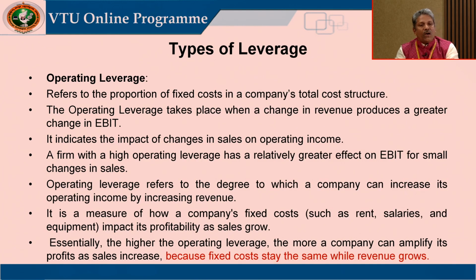So, it is a measure of how a company's fixed costs, such as rent, salaries and equipment, impact its profitability as sales grow. That is the concept of operating leverage.